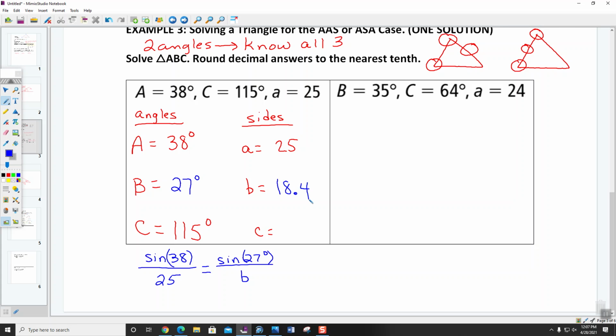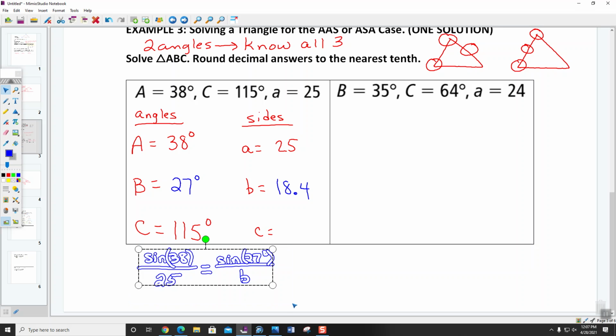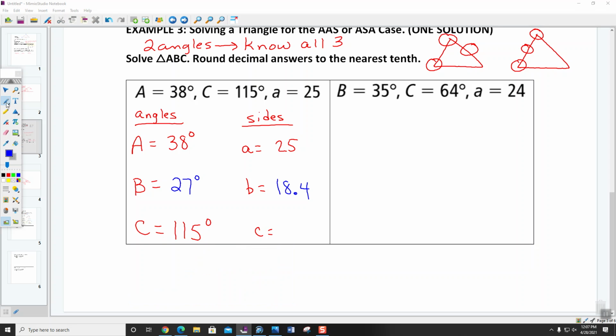Okay. Guys, what do you think we're going to do to find side c? The same thing. I'm going to set up sine of 38 over what again? 25.